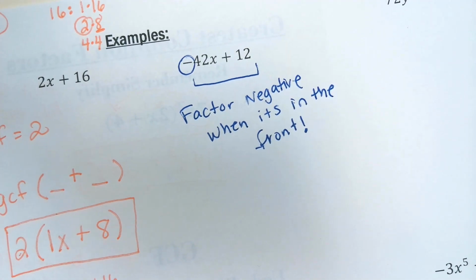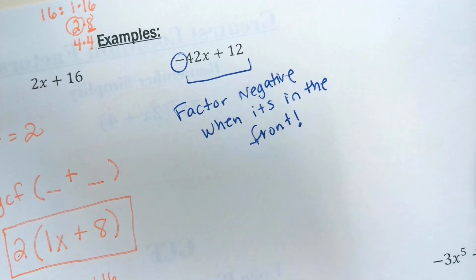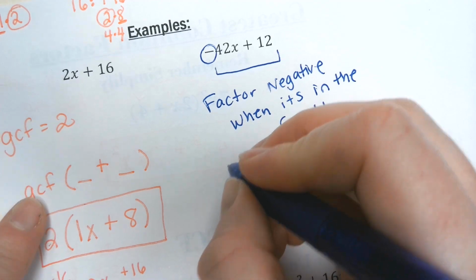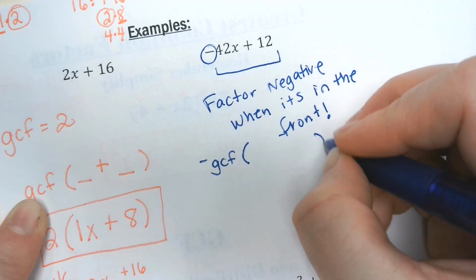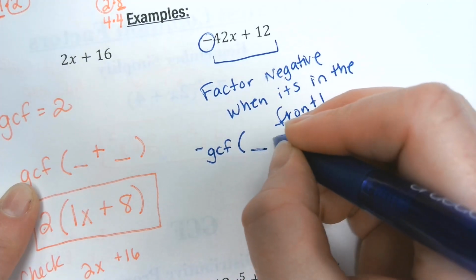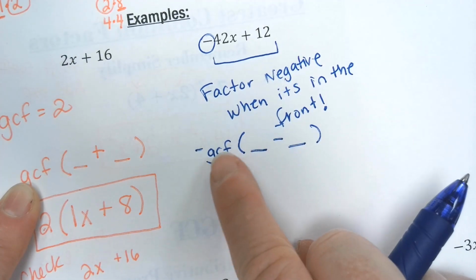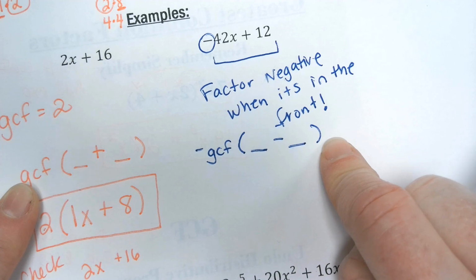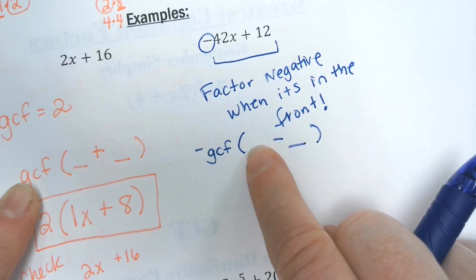It's going to be kind of part of the GCF. So whenever I do my GCF, it's going to be negative and then the GCF. Then I'm going to change all the signs inside. So it's going to be minus like that. Because it was plus, now it's going to be negative. So this is kind of the template that's going to look like now. When I take a negative out, it's going to change the sign of everything inside.